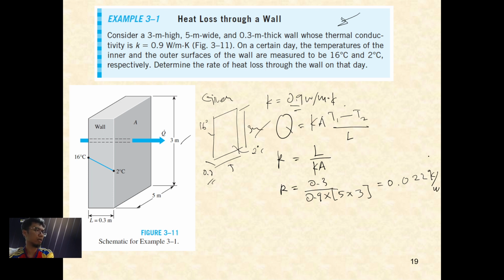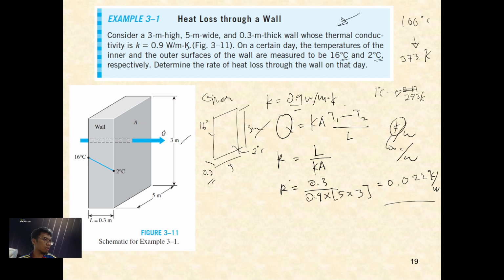The unit is either K per watt or degree C per watt, it depends, because Kelvin is also a temperature unit. To go from degrees Celsius to Kelvin, you add 273. If you have 100 degrees Celsius and want to convert to Kelvin, you add 273, so you get 373 Kelvin. In this case the given is Kelvin, so you need to convert degrees C to Kelvin. So this is your R.